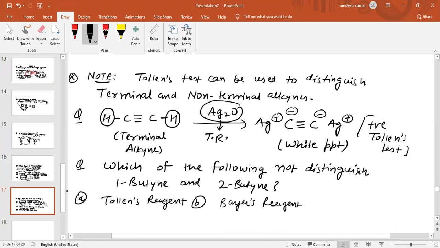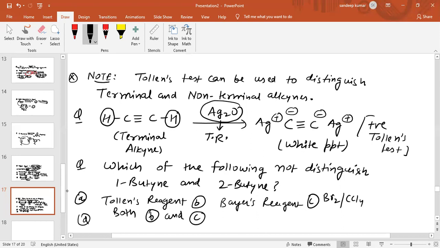The next option given is Br2 in presence of CCl4, that is bromine in presence of CCl4. So write this also, option C, Br2 in presence of CCl4. And option D gives both B and C.